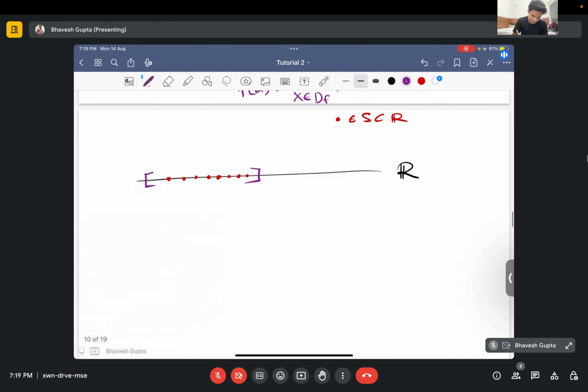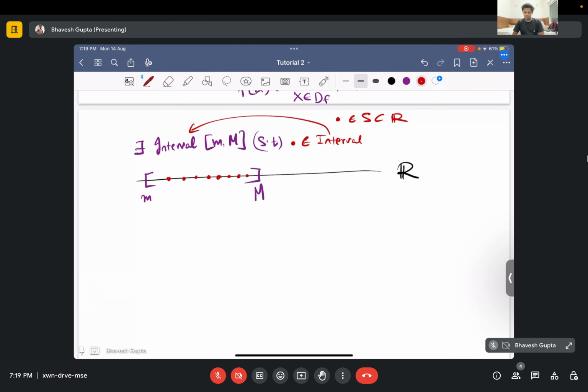I'll call the lower limit of this interval as small m, and have the upper limit of this interval as capital M. So I can always create an interval such that all these red dots belong to that interval. Hope now this simple definition looks easy to you.